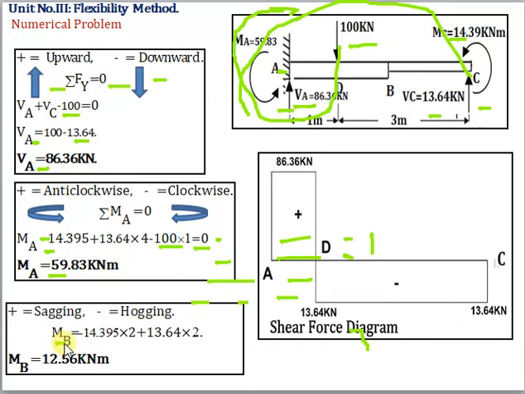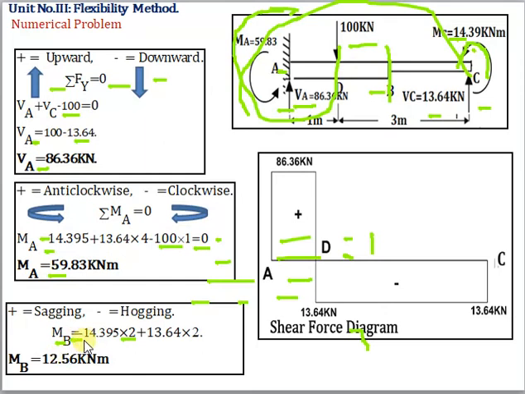Now find MB. The cross section changes at B, so let's find the moment at section B. Let's consider the right hand side. So plus this MC, the value of MC is minus, so minus 14.395. This rotates anti-clockwise, so the sign is positive, but the value comes out minus.